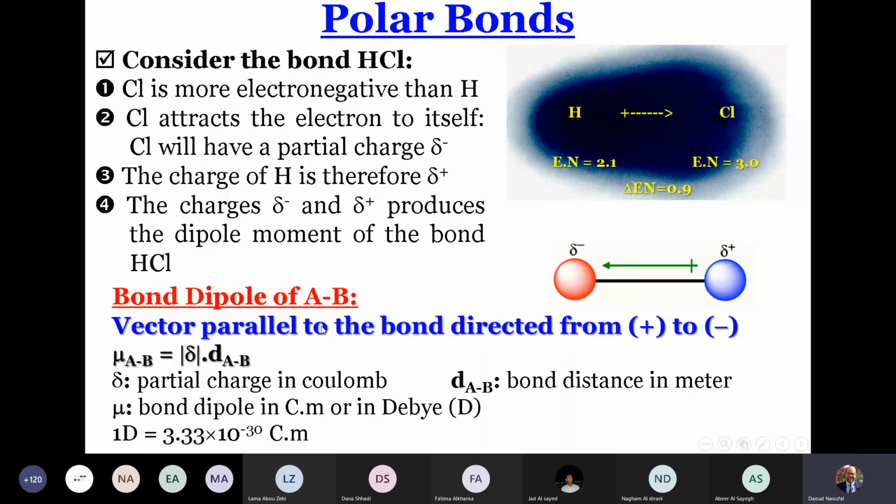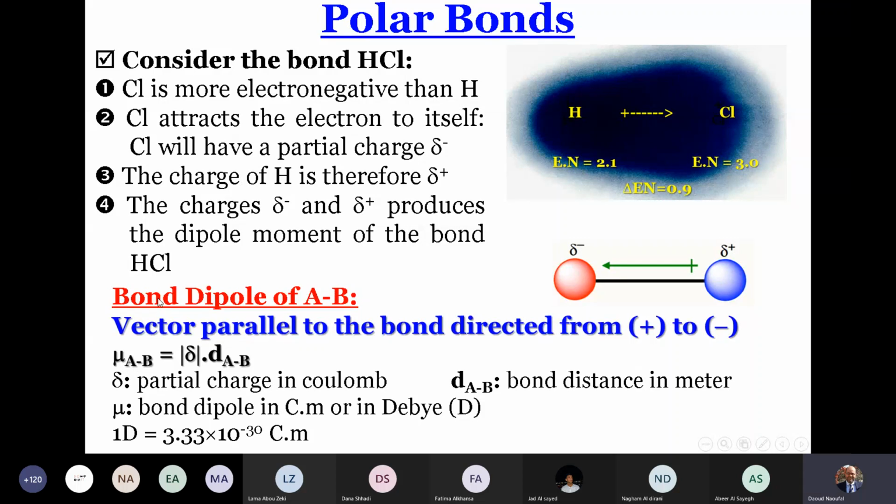So the bond dipole of a bond AB is due to the difference of electronegativity between A and B that releases partial charges delta minus and delta plus. So by convention, we draw it as a vector parallel to the bond directed from the positive to the negative. And this vector is noted mu.